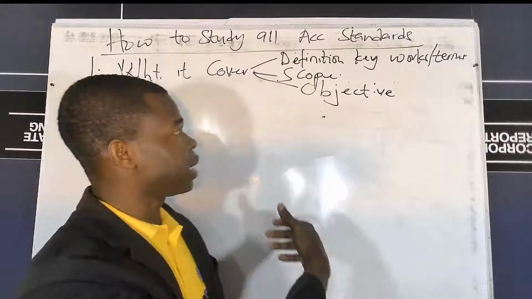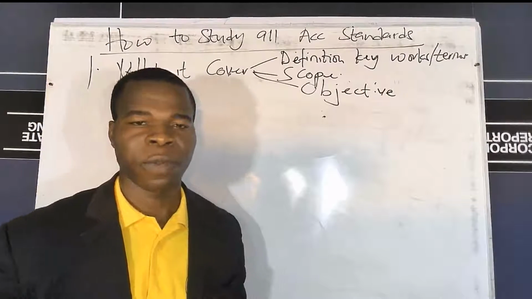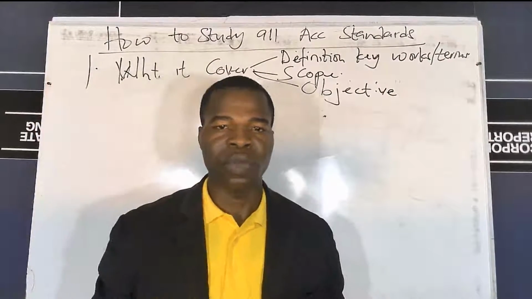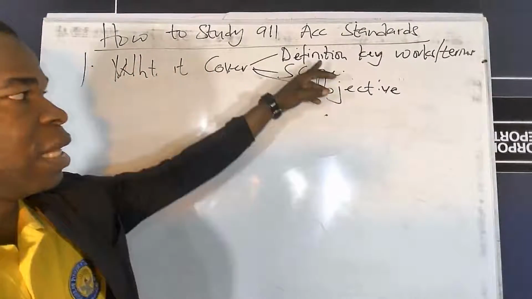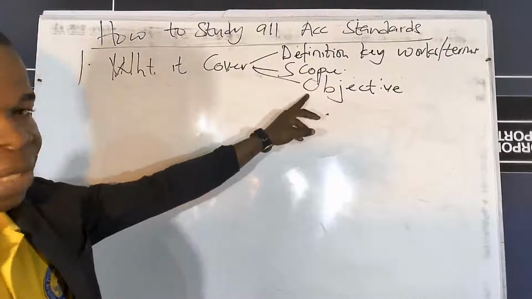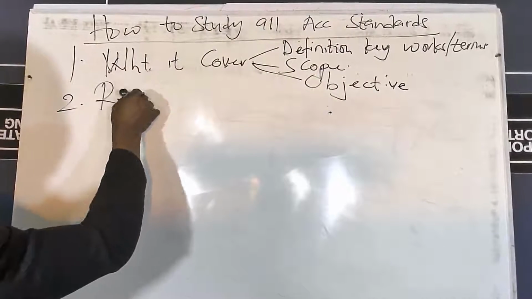After knowing what it covers, the next step or procedure is to look out for when we should recognize it in the books of the entity. So now you've looked at the definition, the scope, and the objective. Then the next thing is, when should we recognize it? So here we call it recognition.